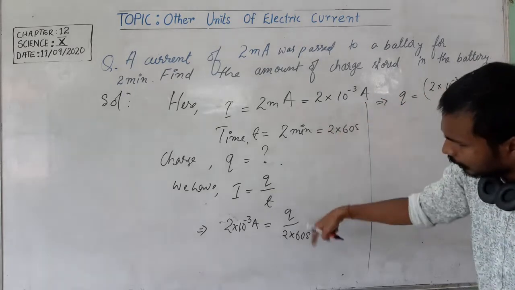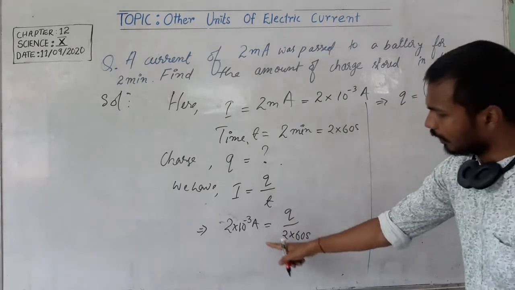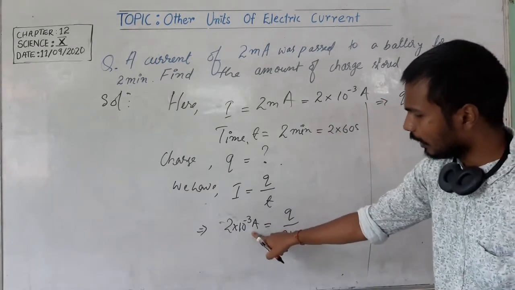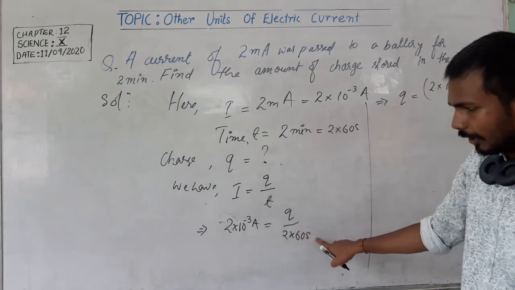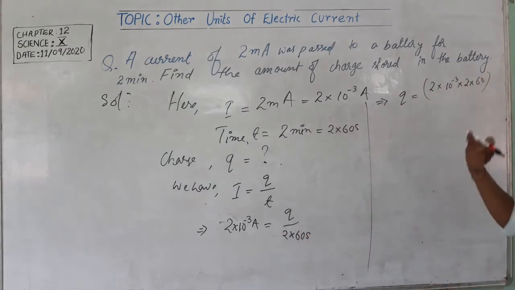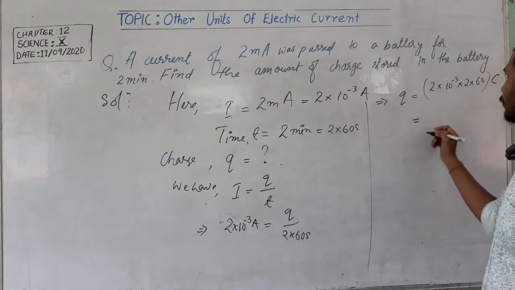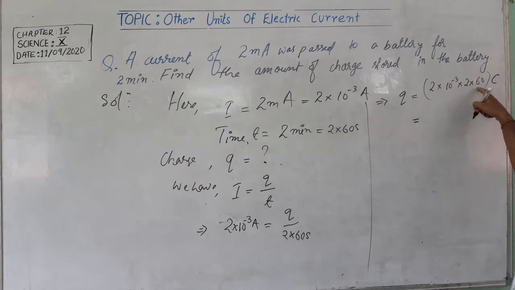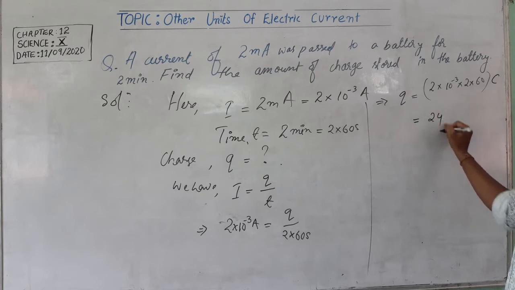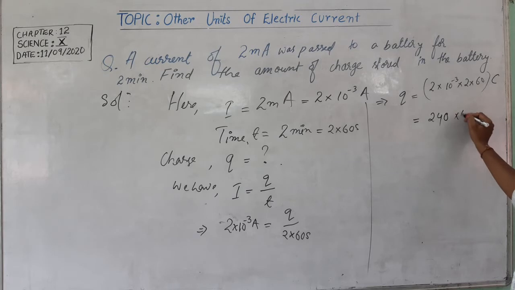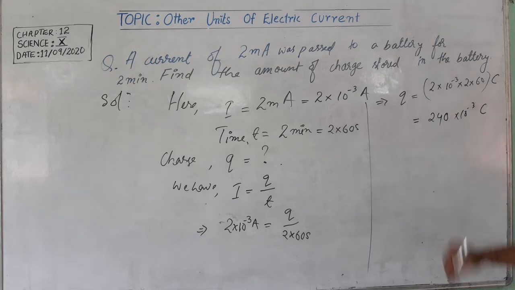Now every physical quantity is in SI unit: current is in ampere, time is in second. So the value of charge will be in SI unit, coulomb. So this is equal to 240 into 10 to the power minus 3 coulomb.